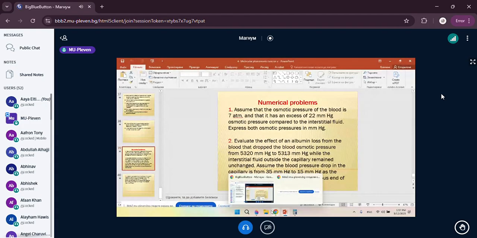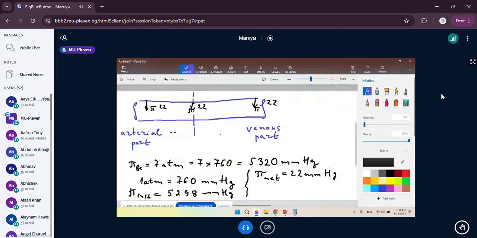So for that reason, in our picture, we'll write hydrostatic pressure bigger here, so not enough space, but this must be bigger than this since it is 35.